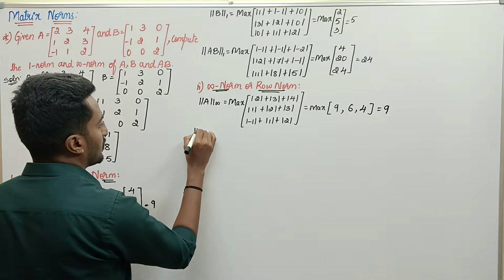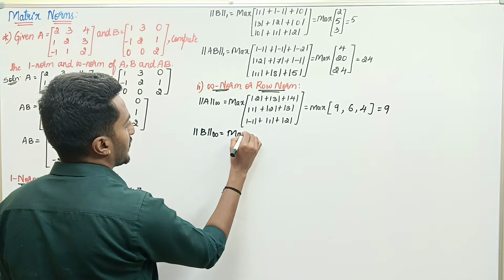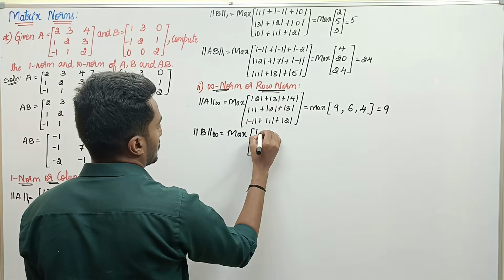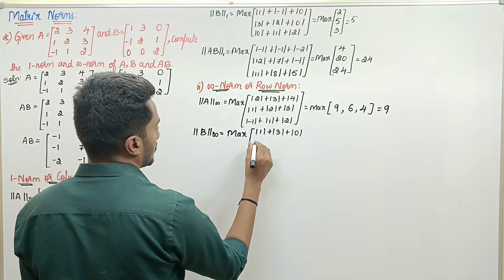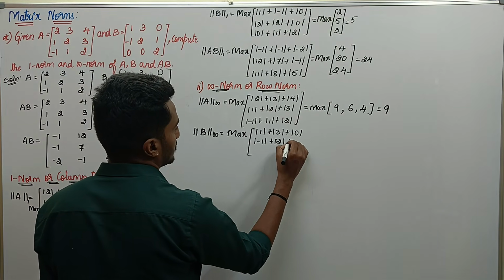Next we have norm B infinity. Norm B infinity is equal to the maximum of the matrix B, that is modulus 1 plus modulus 3 plus modulus 0. Next modulus minus 1, modulus 2 plus modulus 1.